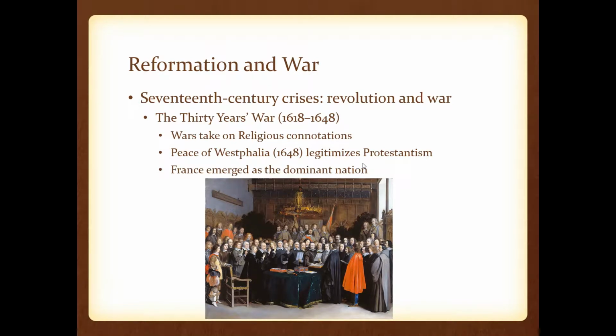France emerges as the dominant nation on the continent, while England still holds a lot of power among the people, and begins to hold an even bigger power over in the colonies, which we'll get back to in a few weeks. So France and England are dominant nations. The other nations are pretty much secondary to France and England.